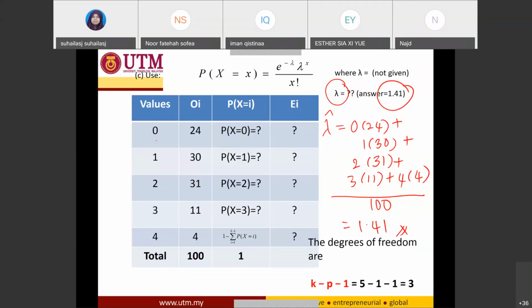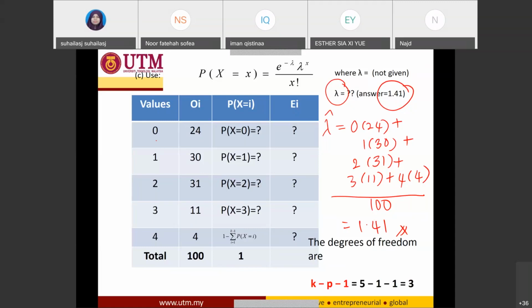If we have normal, we have mu and sigma square, so we have two parameters to be estimated. Normally when we test normal distribution, the question already gives mu and sigma square, so you don't have to estimate your parameter. Normally for Poisson, for certain questions, you need to estimate your lambda if your lambda is not given. When we compute your lambda, it is 1.41.